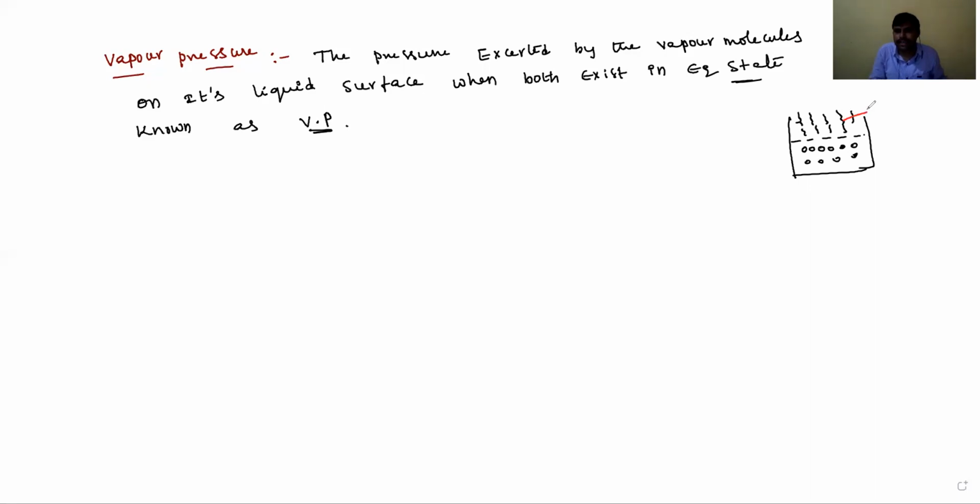So this is a gas and this is a liquid, and both exist in equilibrium state in a closed container. The pressure exerted by the gaseous molecules on the liquid surface is known as vapor pressure.